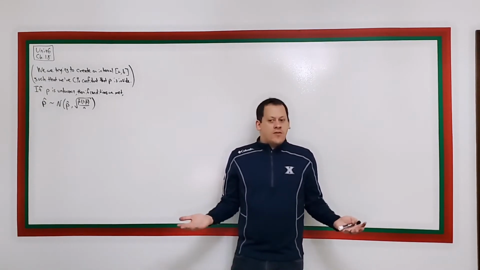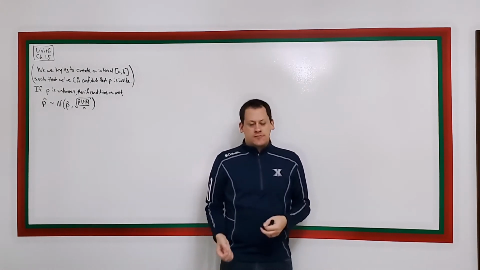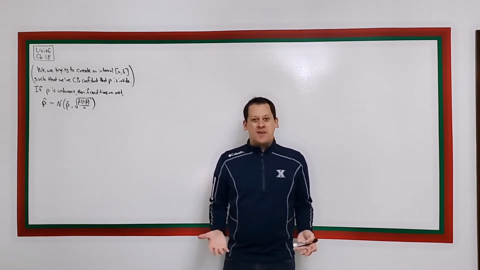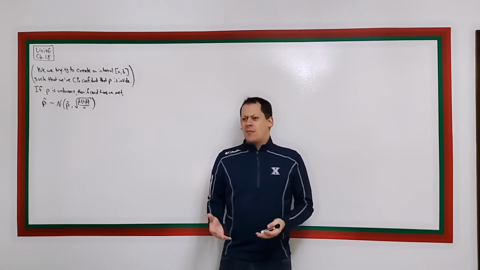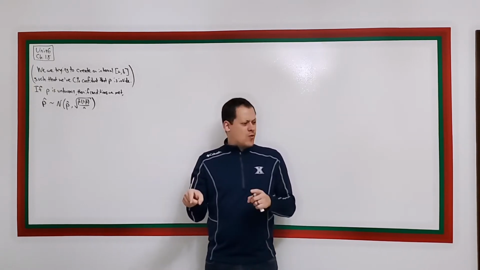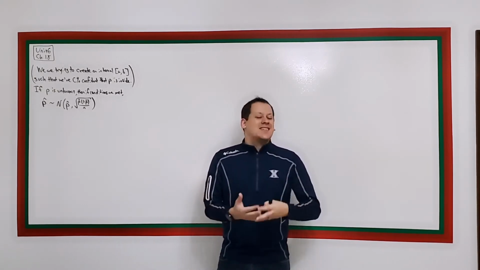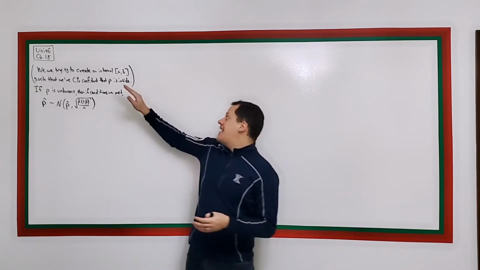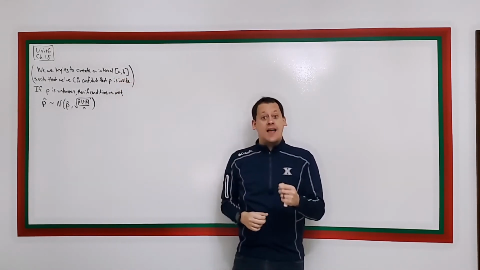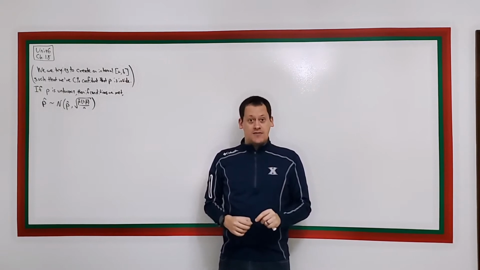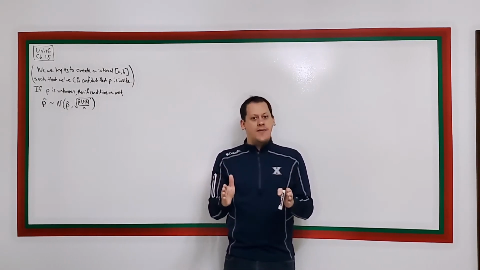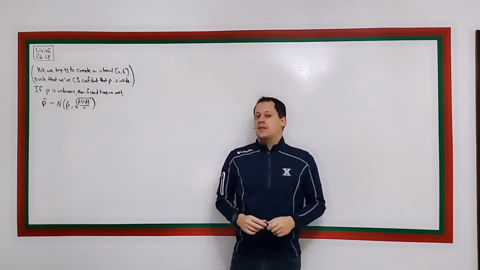But we know that if we were to take another sample from the population, we would get a different P hat. And then would we say that our best estimate of P is that P hat or the first one? That's not good enough. So by creating an interval of values, we can say with a high degree of confidence that P is somewhere in there. And that's going to be the best that we can do.